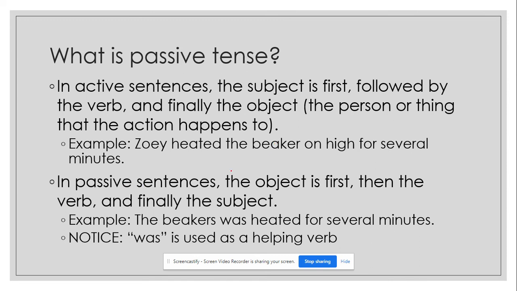Passive, though, is where we put the object first, then our verb, and finally the subject. An example of a passive sentence, which is what your lab report should be written in, is: the beakers were heated for several minutes. The term were or was is a helping verb, and you're going to notice you use a lot of helping verbs in lab reports.